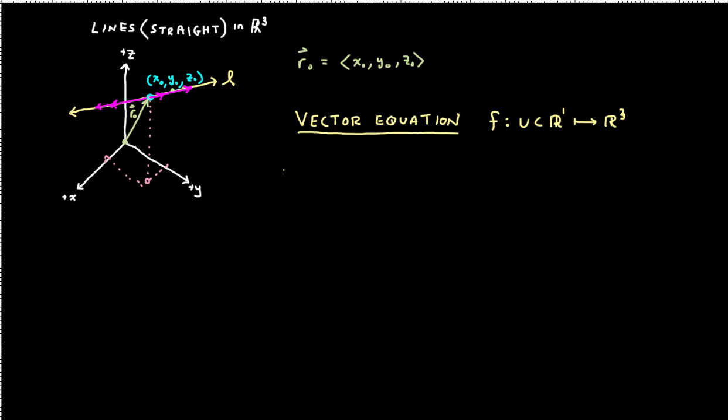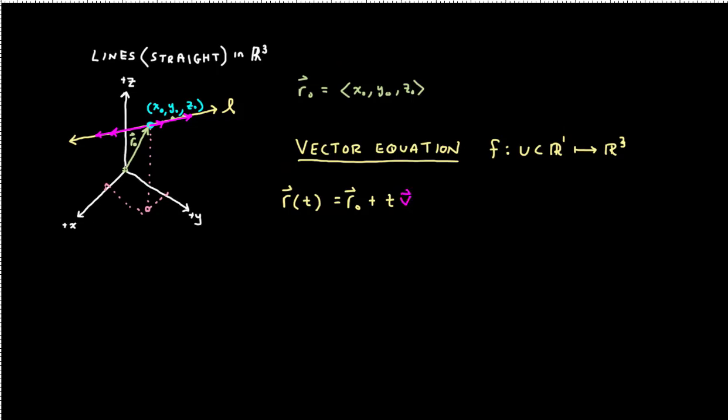So we desire a vector function, so I want r of t, and I'll use the parameter t for my input variable. What I want to do is take this vector r naught, and then add to that t, a scalar multiple, times some vector, and we're going to use pink here to be consistent, some vector v. Now, vector v is this vector here.